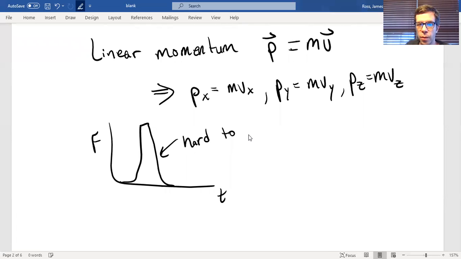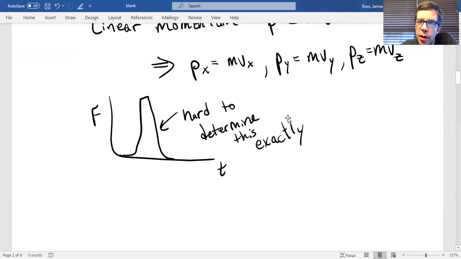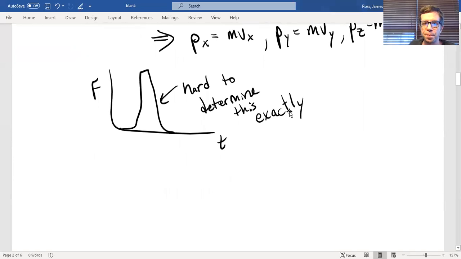It's hard to determine this exactly. If we knew exactly what it looks like, we could take an integral over that, and we would know values that we could use. But in general, if momentum is conserved, it's much easier.